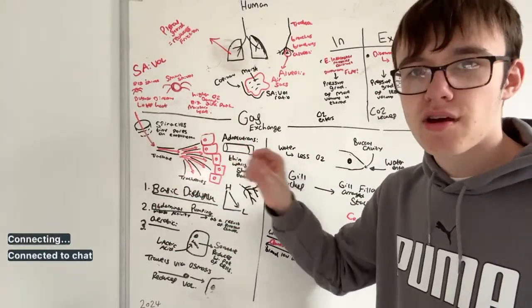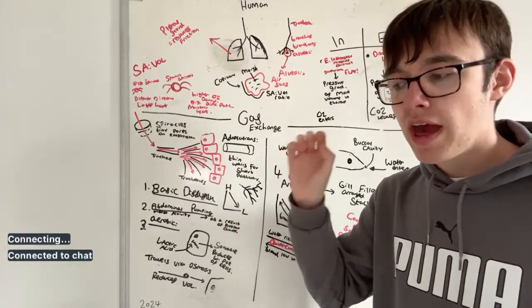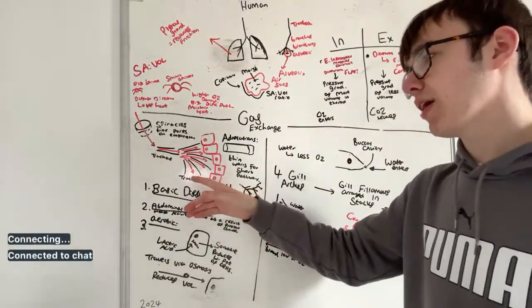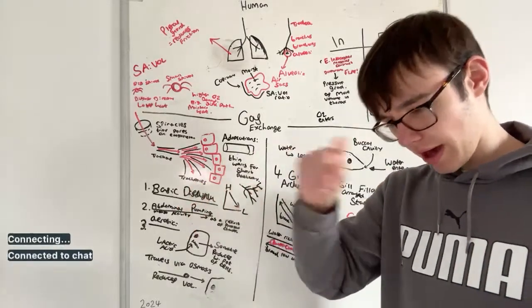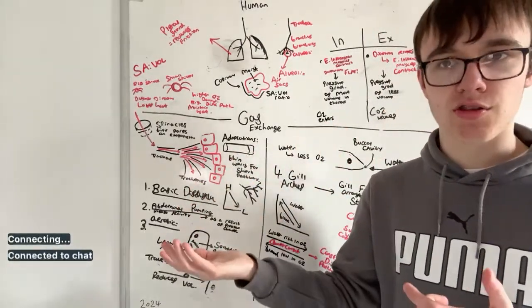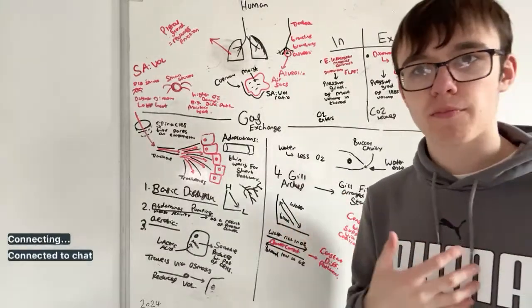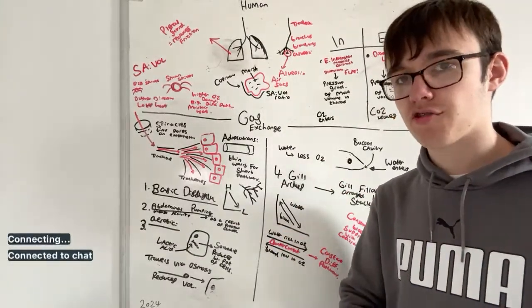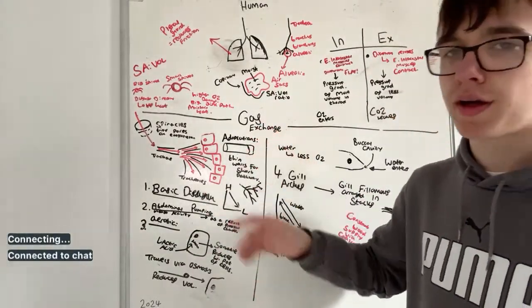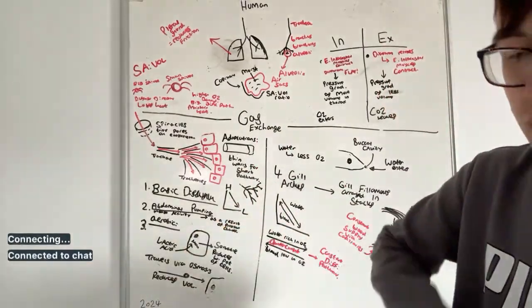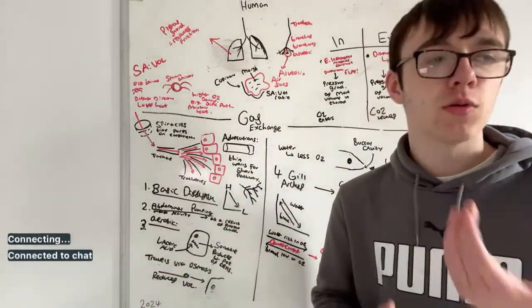The tracheoles have very thin walls, and every single cell in the insect's body is linked by a tracheole, meaning every cell in the body gets a good supply of O2. A short diffusion pathway. When we're talking about gas exchange, when we're talking about this topic, refer to diffusion. You refer to diffusion, you will get marks.